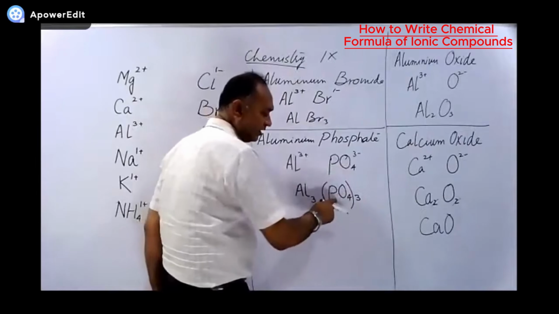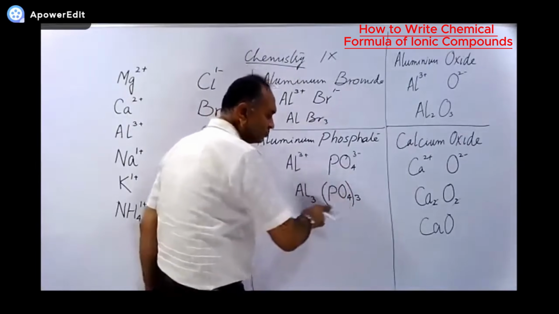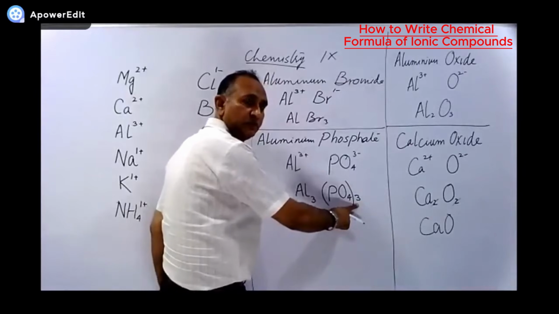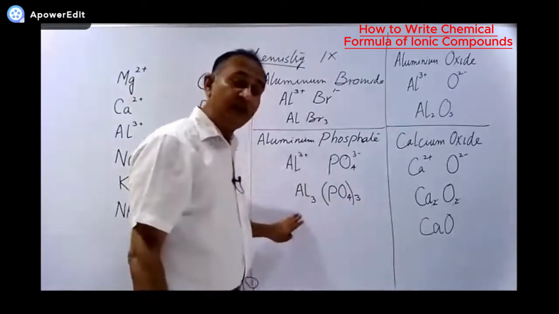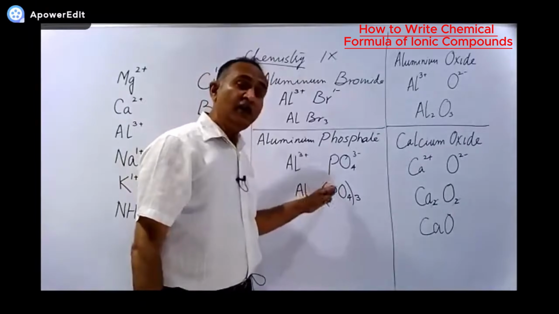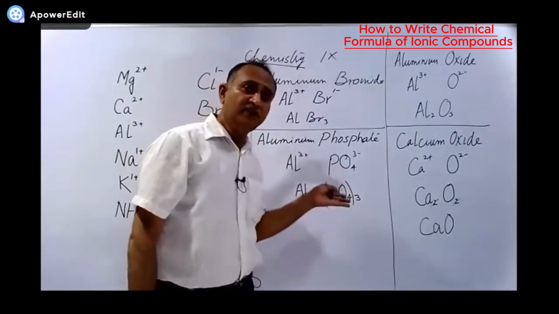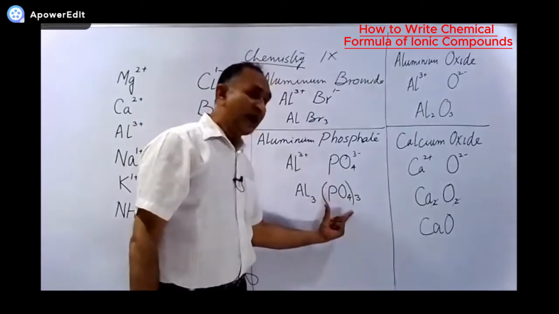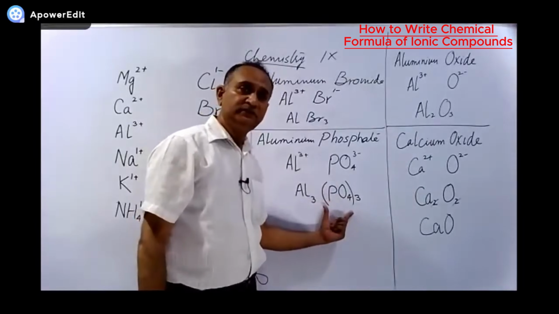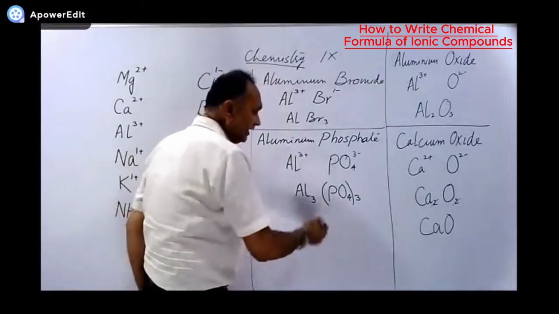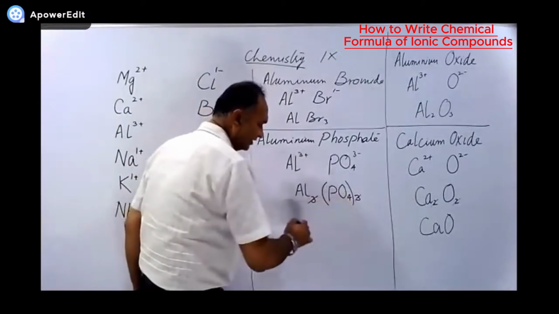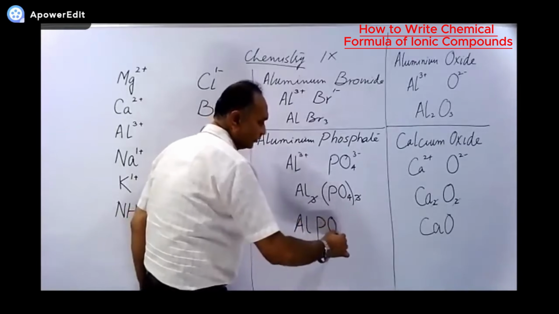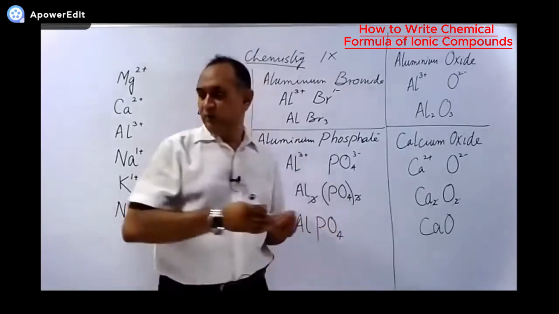It has 2 elements, phosphorus and oxygen. So we should write a bracket over here. What is the new thing here? If you see a combination of elements in the anion or in the cation, use a bracket. So luckily 3 will be cancelled. The formula will be aluminium phosphate. See more examples.